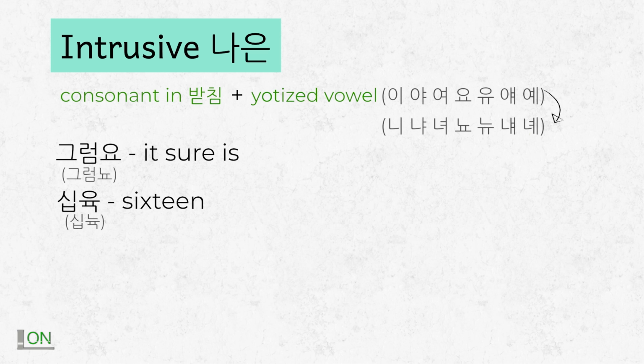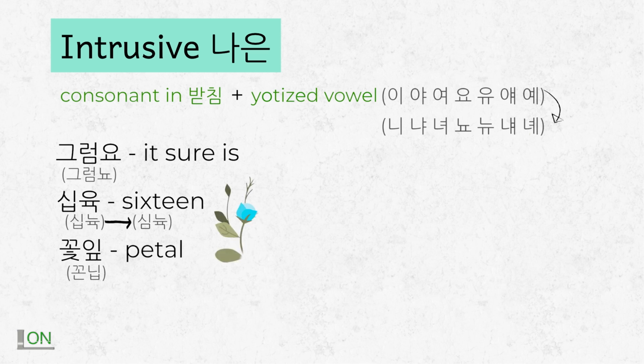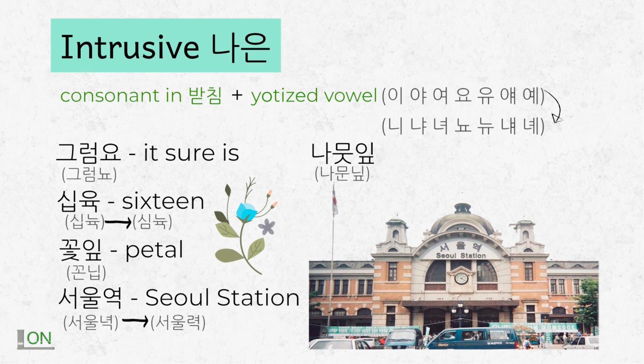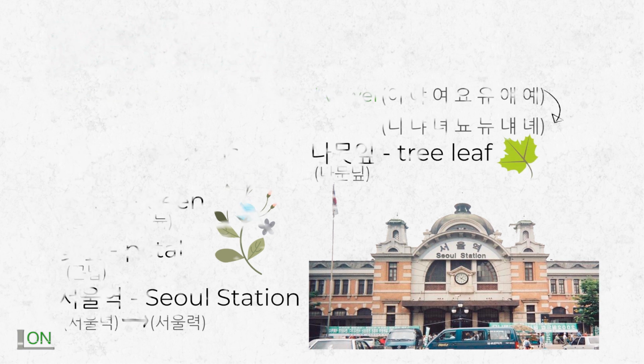But of course, it is incorrect, and we remember that p plus n plus any sonorant will be m. So this word will be pronounced as shimnyeok. 꽃잎, petal, 서울역, Seoul Station, 나뭇잎, tree leaf.